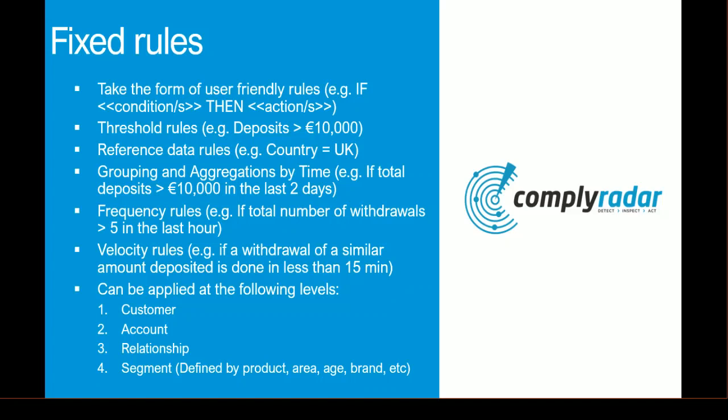It's not just a threshold based on an individual. If it's a bank, for example, the threshold of total deposits could not just be on an account, but at a client level, combining all the accounts of that particular client.